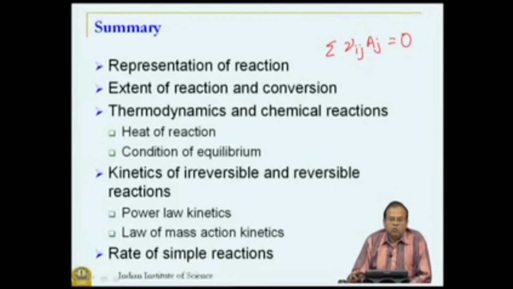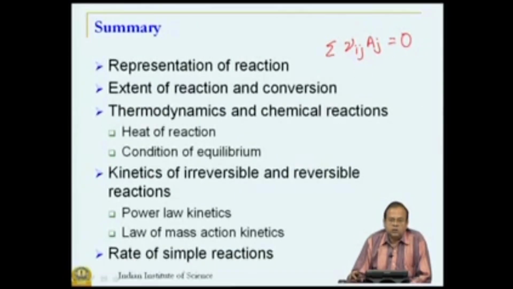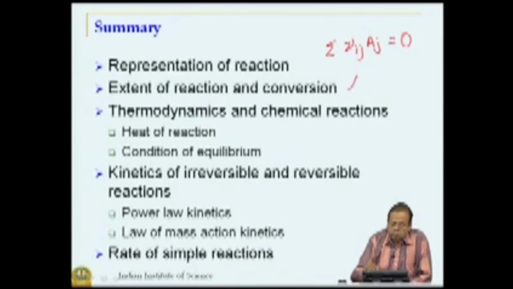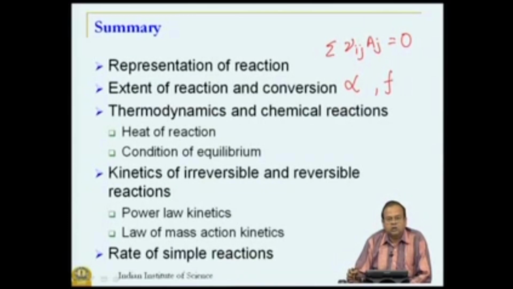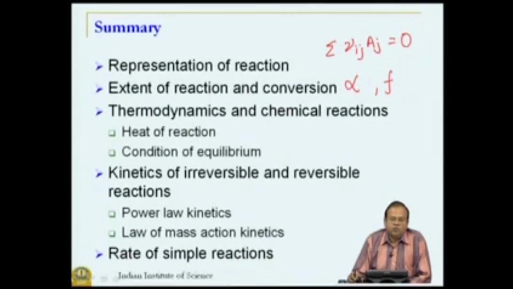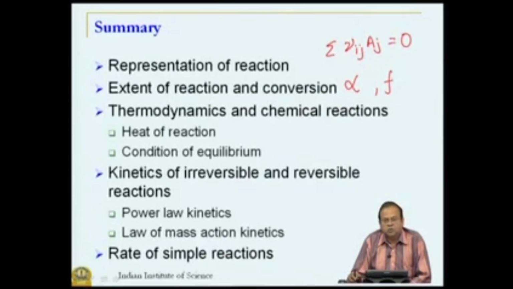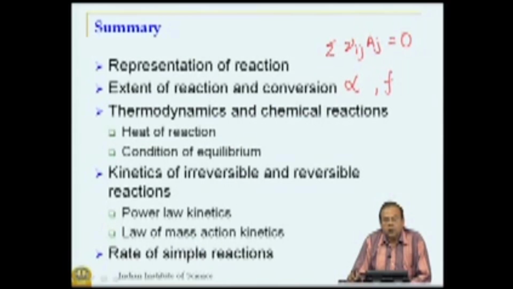We then moved on to look at how we measure the progress of reaction, and we defined two quantities here, namely the extent of reaction alpha and the conversion F. The prime difference between these two quantities is that the extent of reaction alpha is tied down to the reaction, whereas the conversion F, or at times we have used the notation X also, is tied down to the species.